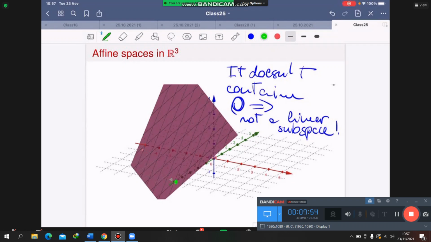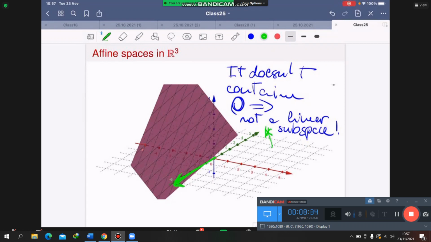My plane crosses the y-axis here, so this is a translation of a plane passing through the origin.